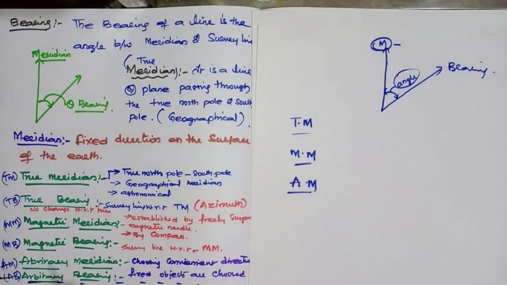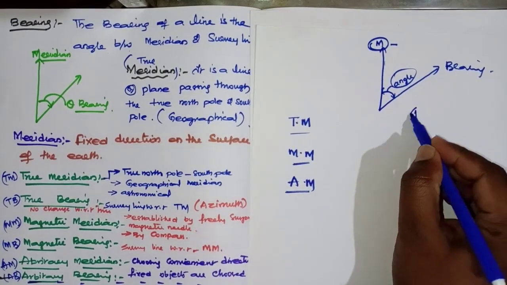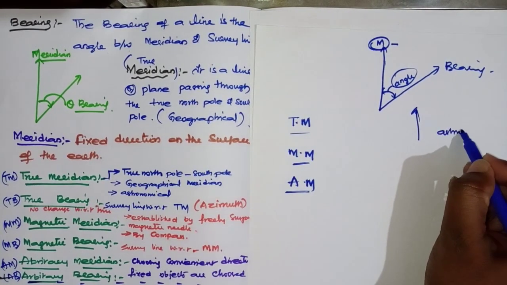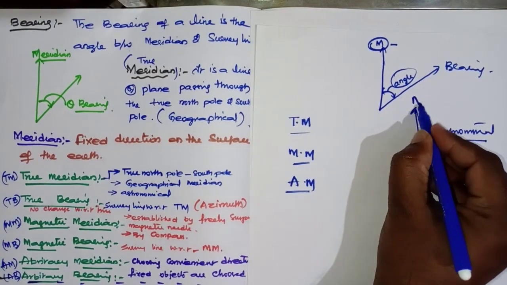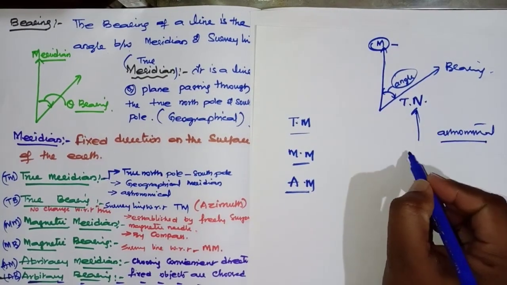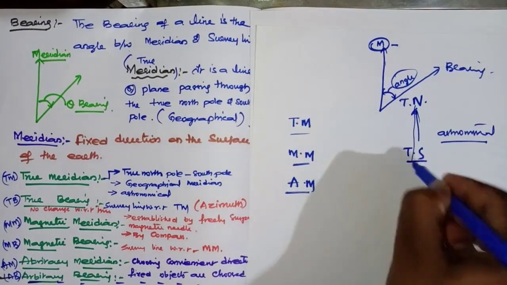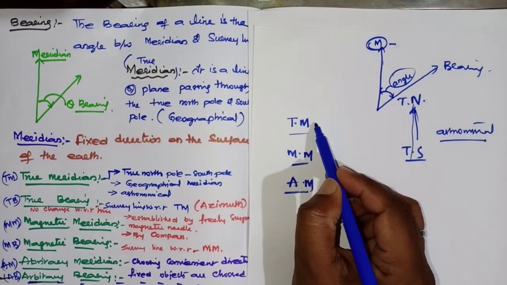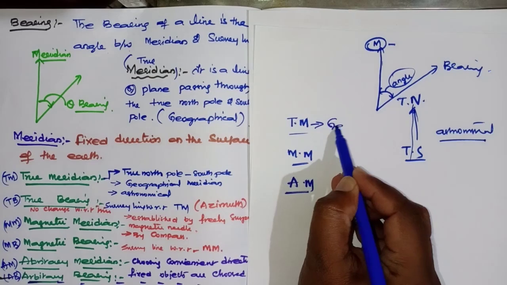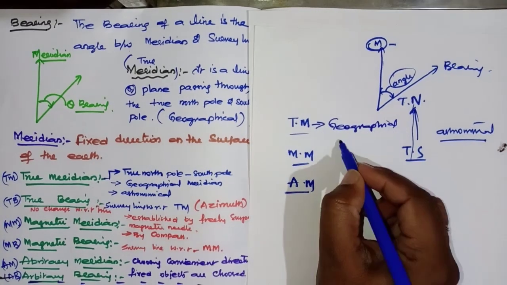The true meridian is fixed with reference to some astronomical stars, making the true north and true south, true north pole to true south pole. This line is fixed by astronomical data, and this true meridian is also known as the geographical meridian.